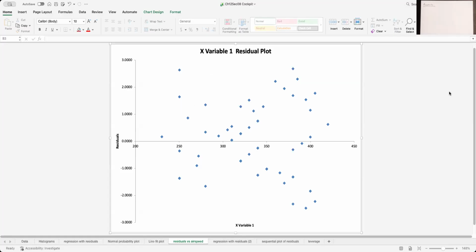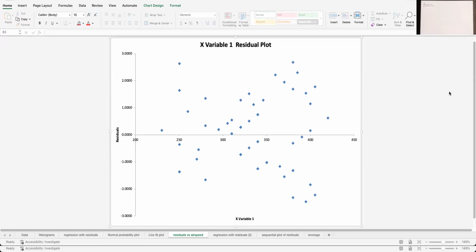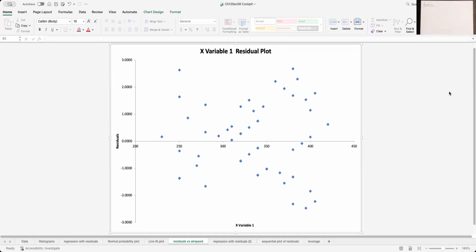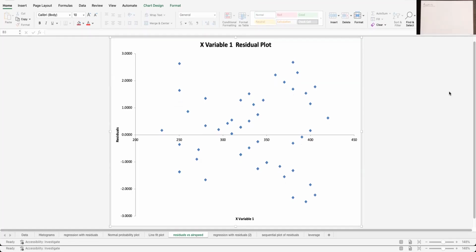Here's a question for you. If I go from left to right, is there a clear pattern of switching between positive behavior and negative behavior in my residuals? Do these look like they tick back and forth, one up, one down, one up, one down, or two up, two down, two up, two down?